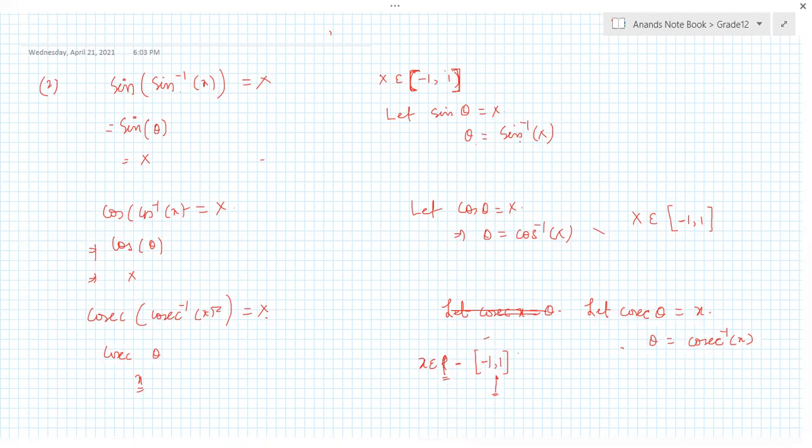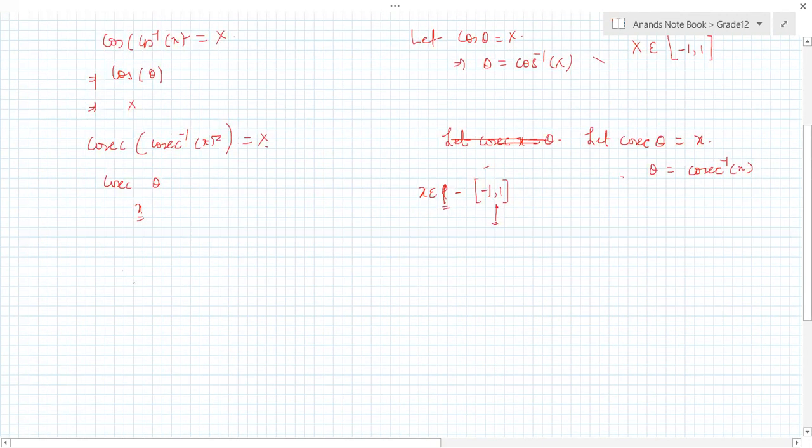And similarly for secant theta also, secant of secant inverse of x will be x. Here, x belongs to anything other than -1 to 1.